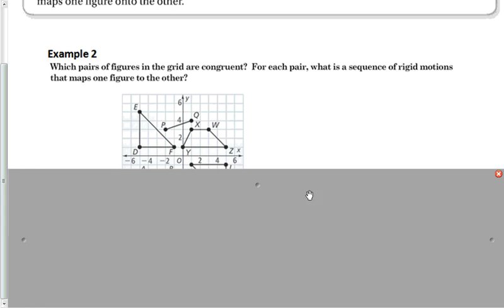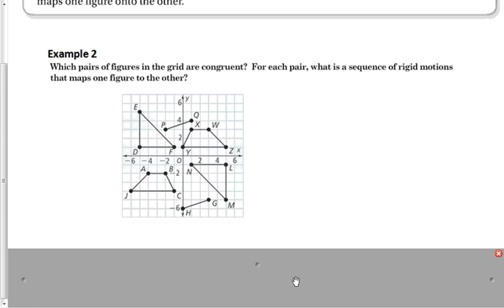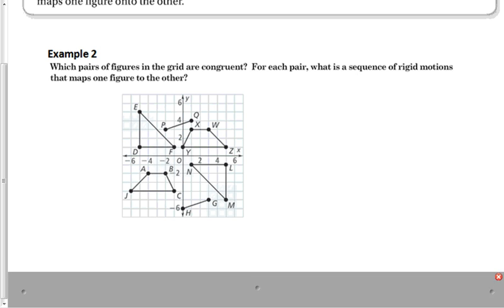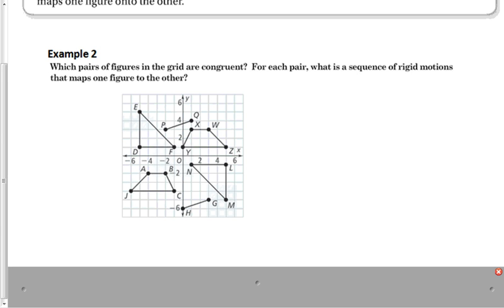So looking at this is just our intro example. Which pairs of figures in the grid are congruent? You can kind of tell, I think. But for each pair, what is a sequence of rigid motions that maps one figure to another? So just tell me what you think they would be. I'm going to start off with PQ is congruent to HG.